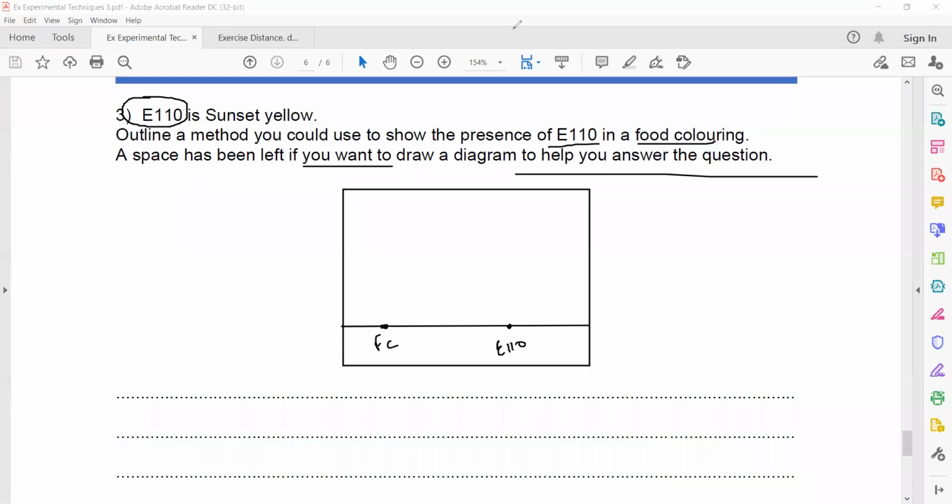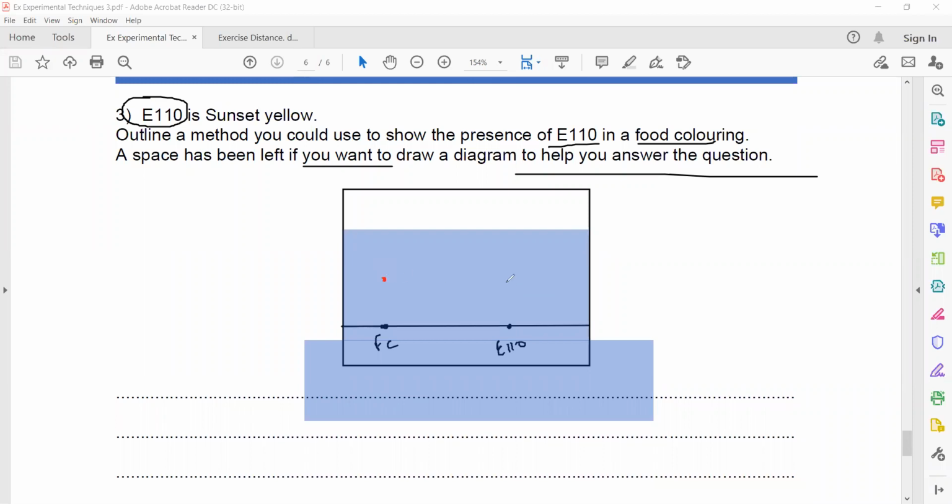So we'll use a suitable solvent. When you use a suitable solvent, the chromatogram will soak up the solvent and the solvent will rise on the chromatogram. So if the spot from the food coloring and the spot from E110 rise to the same height, or we can measure the RF value for both. If they have the same RF value, it means the food coloring contains E110.